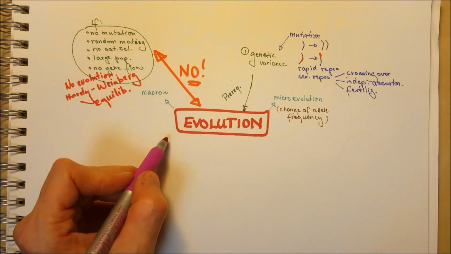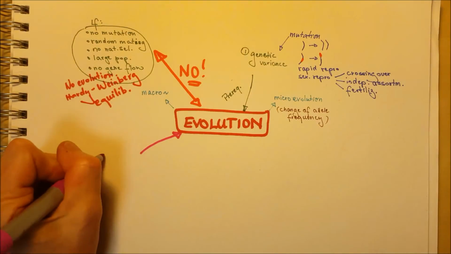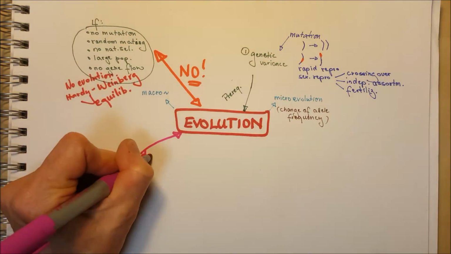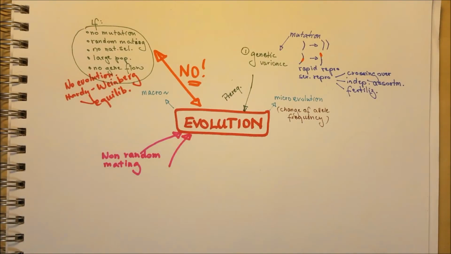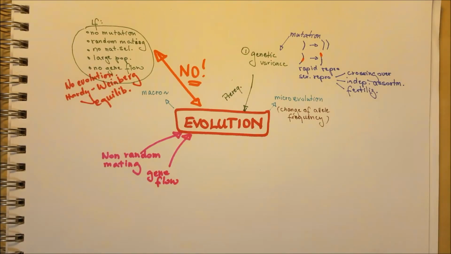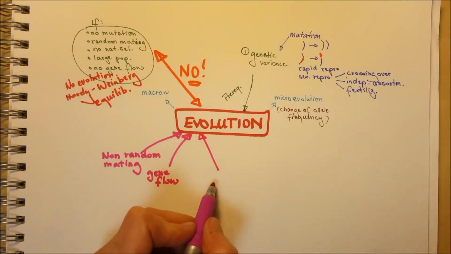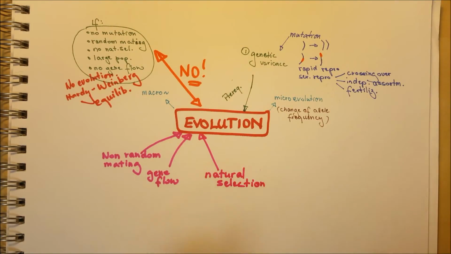So what are the other factors that lead to evolution? The basic one is genetic variation, it's a prerequisite. But what can cause evolution is, number one, non-random mating. Gene flow: the population gains or loses alleles due to migration. Natural selection also leads to evolution.